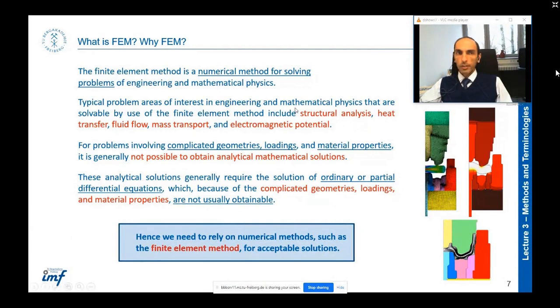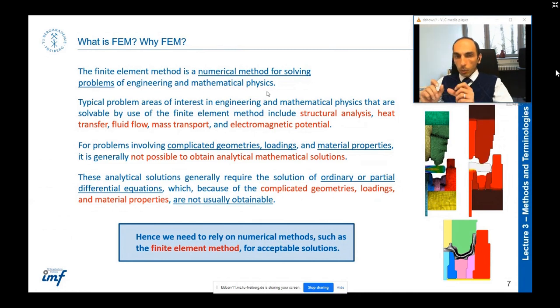So what is the finite element method? The name shows the meaning. The finite element method is a numerical method for solving problems of engineering and mathematical physics. We solve the problem and the equations on a finite part of the material or workpiece.